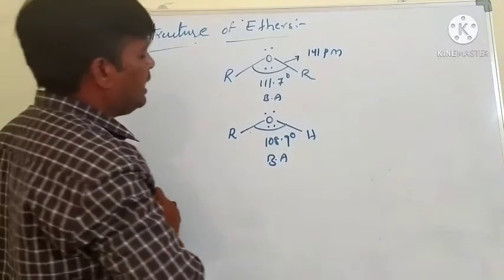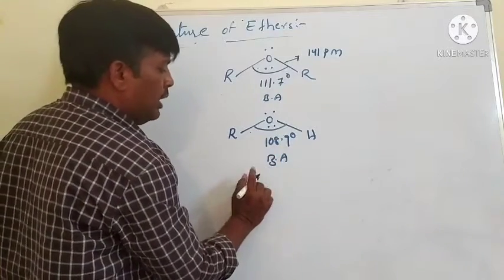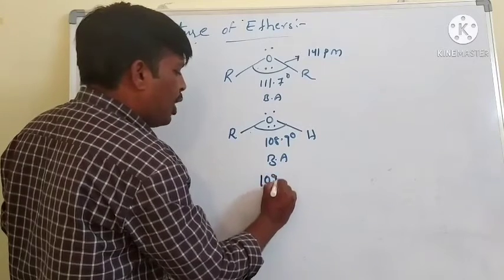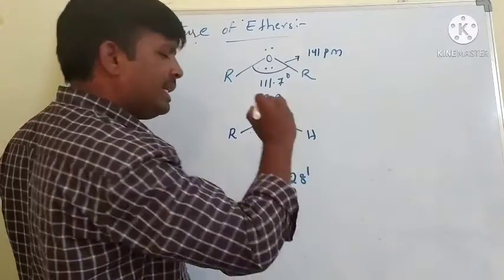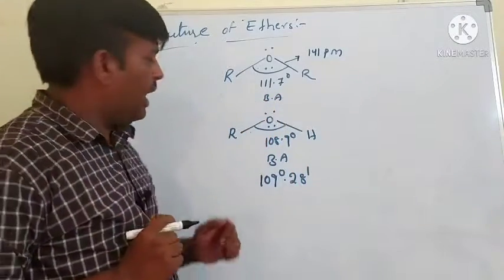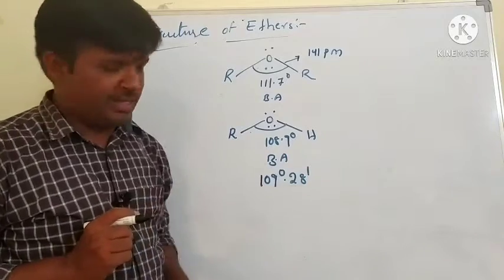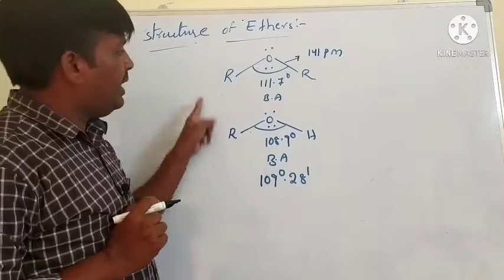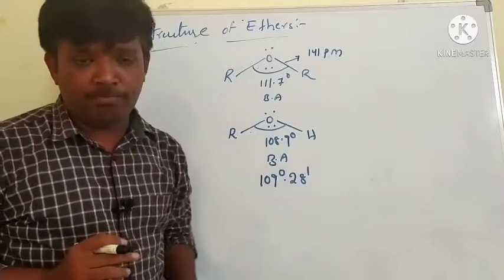Why? In the case of alcohol, the bond angle is less than the tetrahedral bond angle. The tetrahedral bond angle is 109 degrees 28 minutes. In alcohol, it is a little less than that. But in the case of ethers, the bond angle is more than the tetrahedral bond angle.